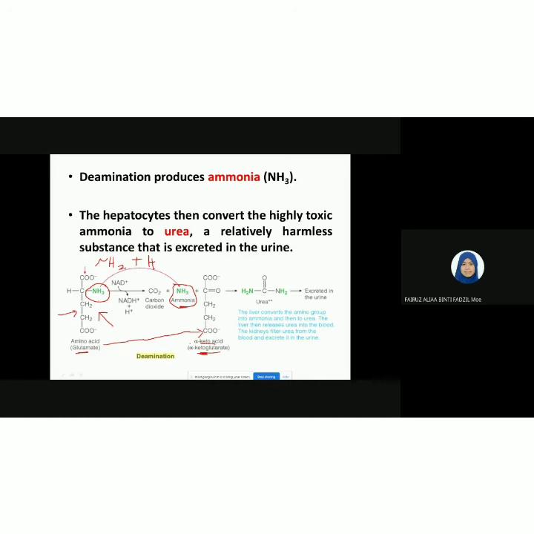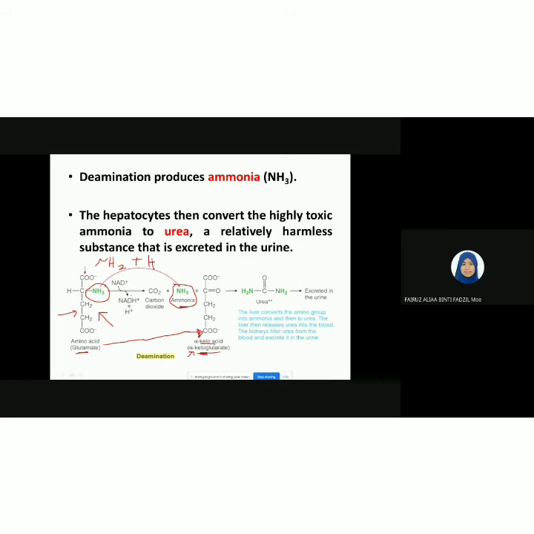That is one of the functions. It can also be converted to other molecules, but at least remember one: alpha ketoglutarate can be used in the Krebs cycle to generate ATP, one mark already.